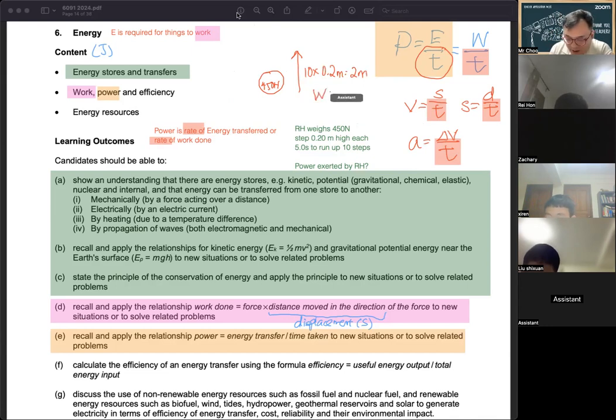The work done is force times S. In this case, 450 Newton times 2 meter. You get 900 joule. Am I right? So the work done by Ray Hong to climb up 10 steps is 900 joule. So what is the power exerted by Ray Hong? It takes 5 seconds to do that. So what is the power?